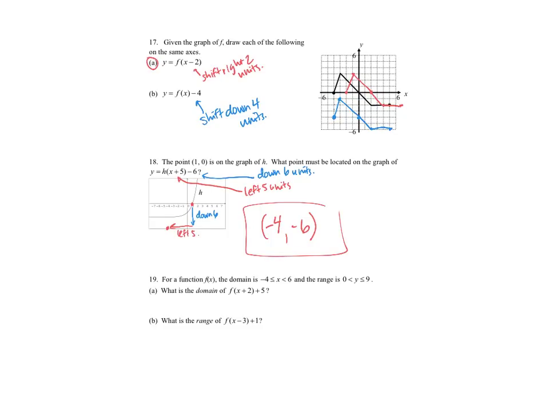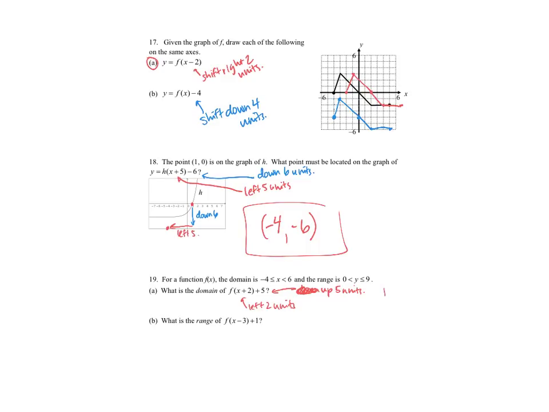All right, for the next one, I have been given a domain and range for a function, and it asks me to find the domain of a shifted function. We've got to think about what the shifts are. This is going to the left 2 units, and this is going up 5 units. The left-right shifts affect the domain, and the up-down shifts affect the range.